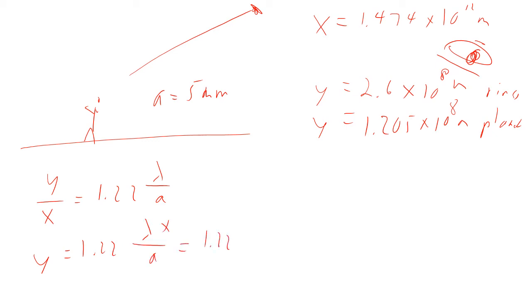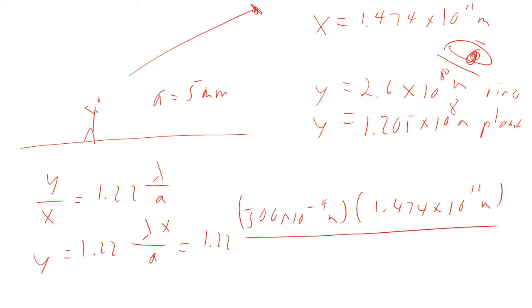That's 1.22 times 500 nanometers times the distance, 1.474 times 10 to the 12 meters, divided by the aperture, 5 millimeters, so 0.005 meters. And so the smallest thing that you'd be able to see in this sort of environment is about 1.8 times 10 to the 8 meters.